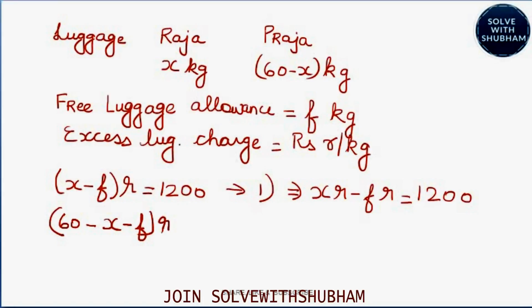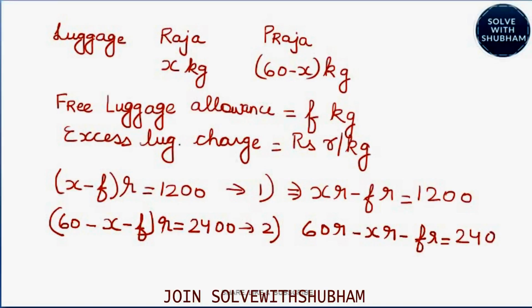So, for these many kgs, this is 2400. This is equation 2. So basically this is 60R minus XR minus FR is equal to 2400.